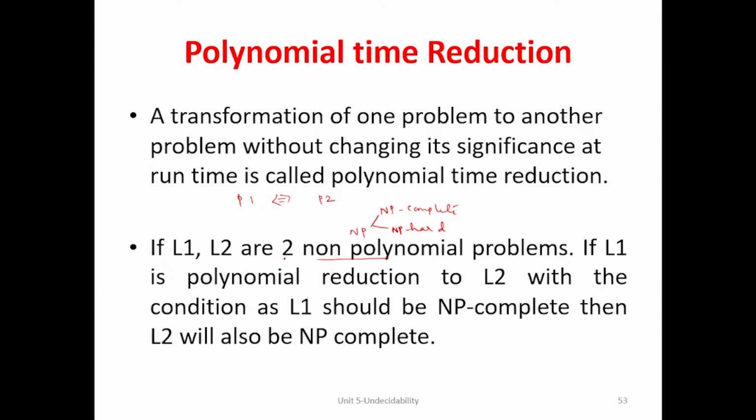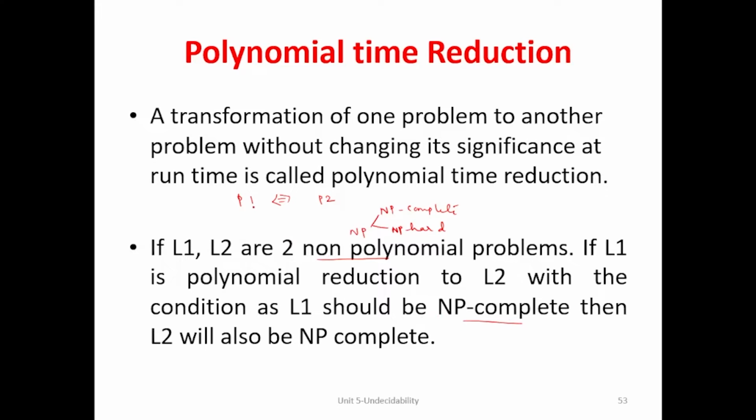So I don't know whether L1 and L2 come under NP complete or NP hard, so we assume that these two problems are non-polynomial problems. If L1 is polynomially reduced to L2 with some conditions, then L1 should be NP complete.